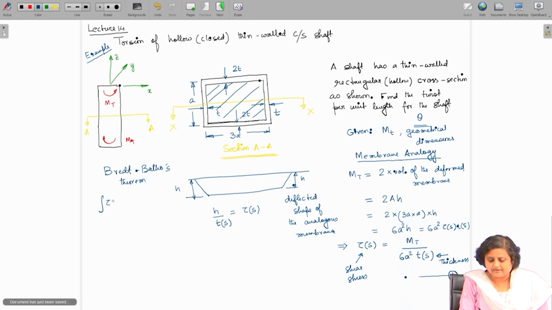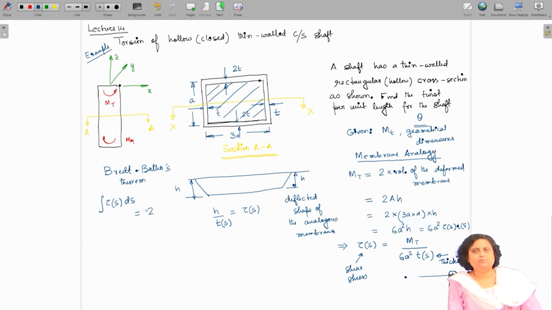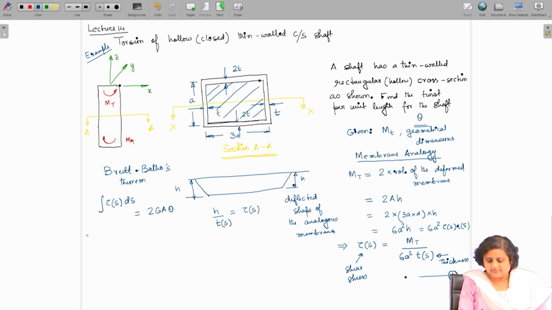As we have studied, the Bredt-Batho theorem says the integral of tau s ds is equal to 2 G A theta, where theta is the rate of the twist angle. In this case, I will substitute tau s from equation 1.